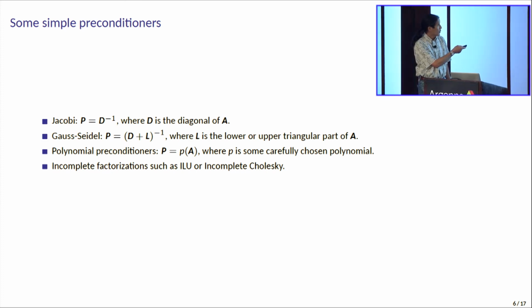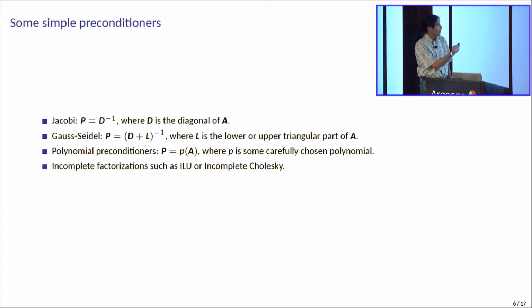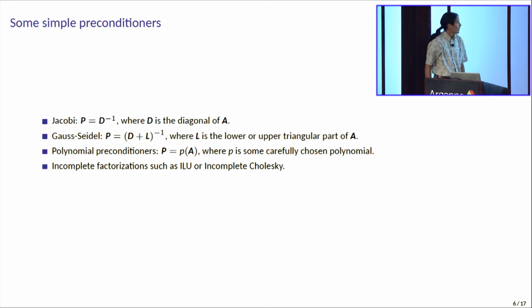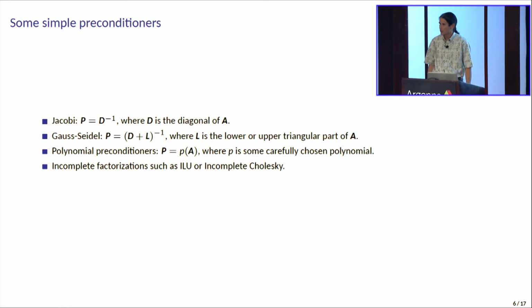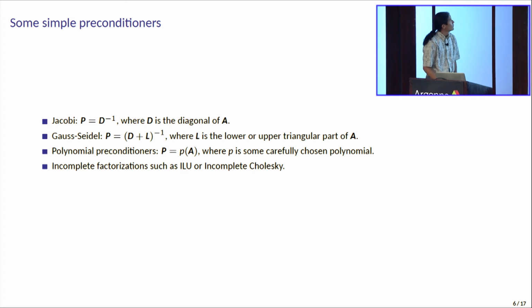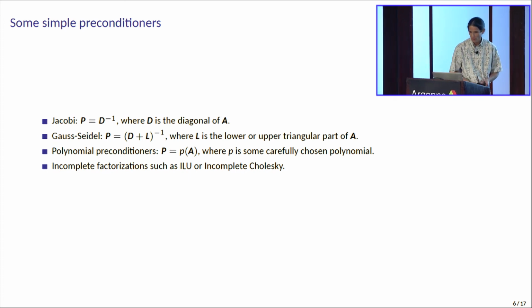Another one which we actually use quite a bit in practice is a polynomial preconditioner, where the polynomial is based on powers of A. And you have to take some care in choosing which polynomial you use. You can move up, and then you can use incomplete factorizations, such as ILU, incomplete Cholesky, or some variant of ILU. So those are some simple preconditioners that we can apply.